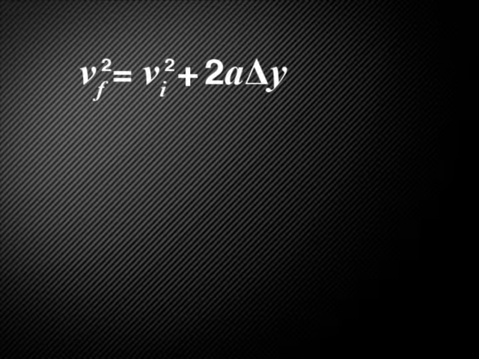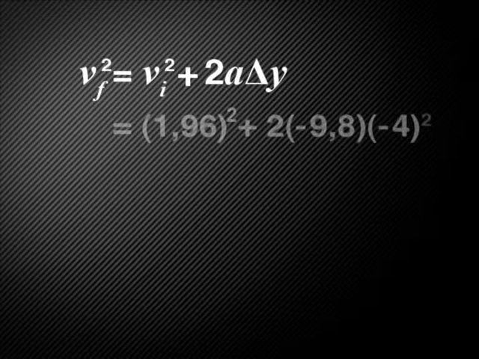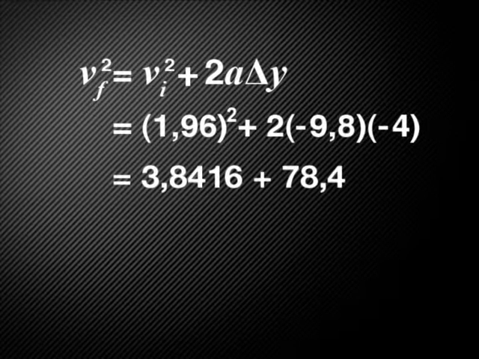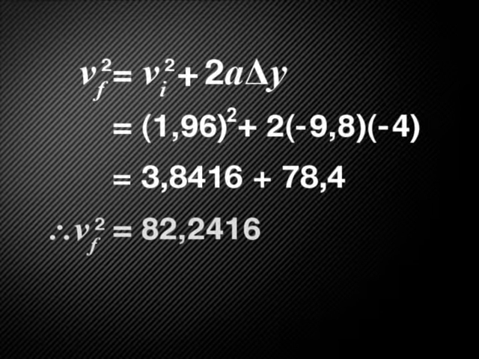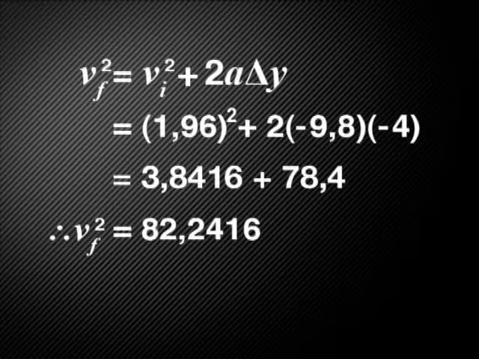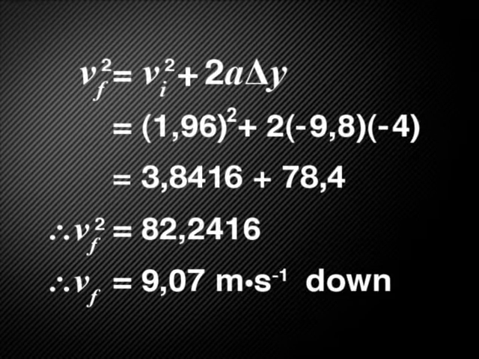So final velocity squared is equal to 1.96 squared plus 2 times negative 9.8 times negative 4. Therefore, after doing the maths, final velocity squared is equal to 82.2416. The final velocity is then square rooted and is equal to 9.07 meters per second down.